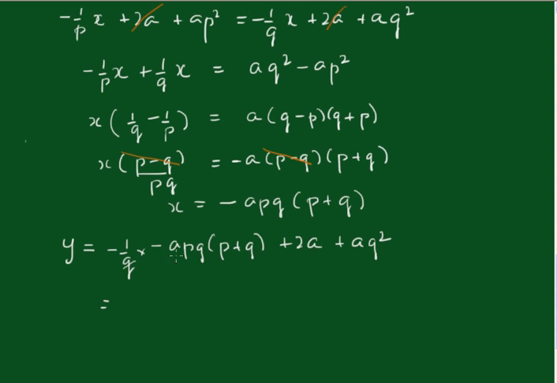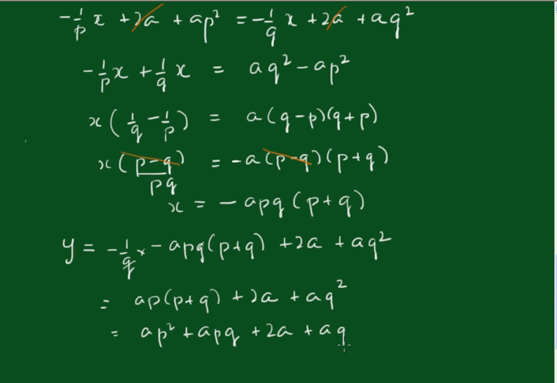Because these q's will go out, and this becomes ap into p plus q plus 2a plus aq squared, which is ap squared plus apq plus 2a plus aq squared.